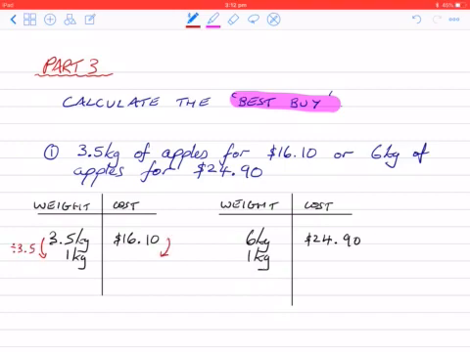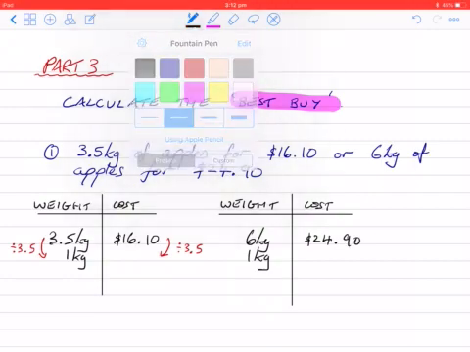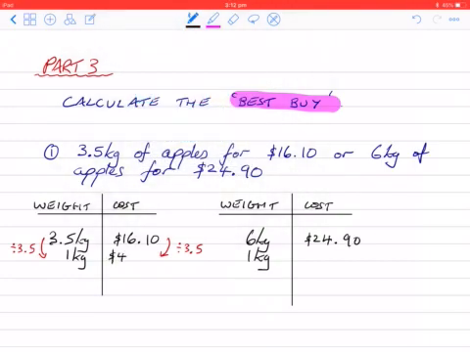Now do the same on here. Divide by 3.5. Now jump on your calculator. You go $16.10 divided by 3.5. And that is $4.60. So from the first price, that is the equivalent of getting a kilogram of apples for $4.60.